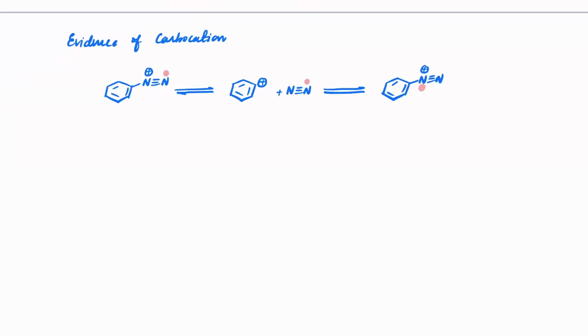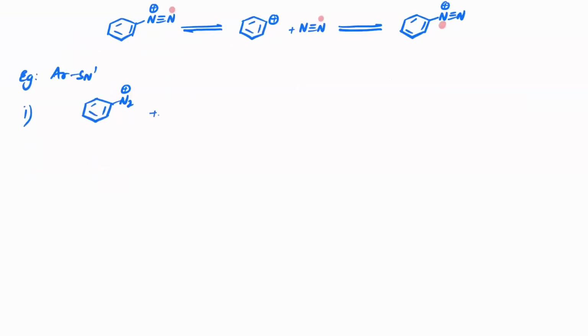Correct? Now let's see the examples of ArSN1 type of reactions. So the first one is when you have a diazonium salt present, and then you react with slightly warm water.